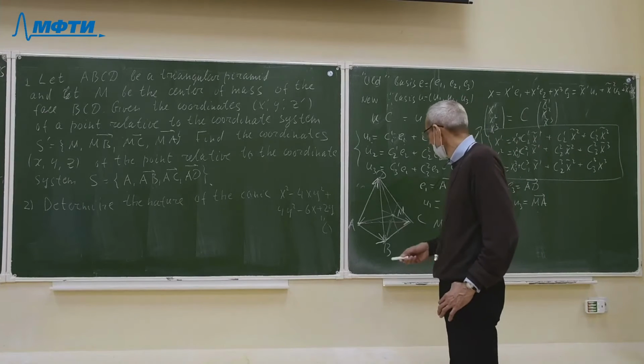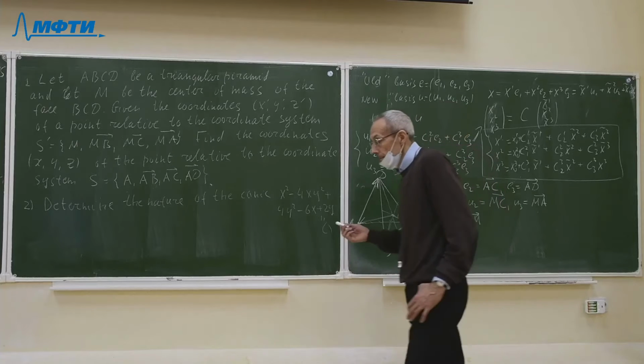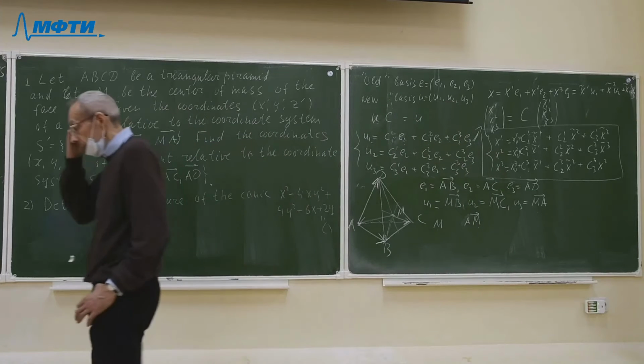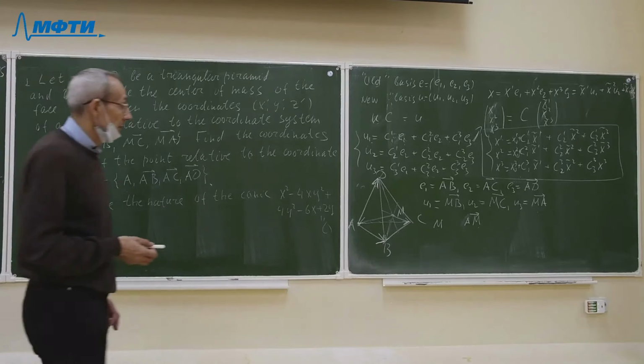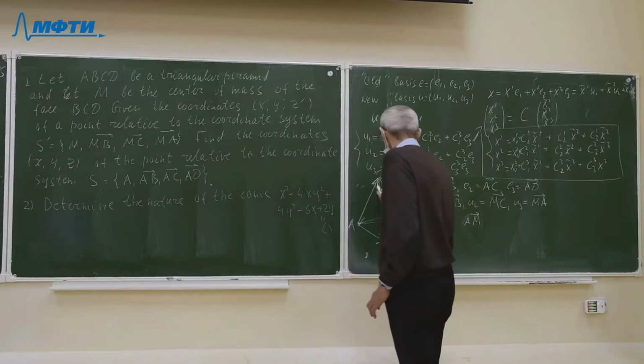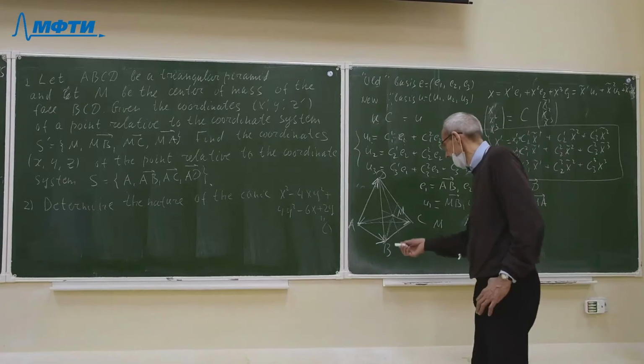M is the intersection point of the medians. I'm not sure, but it seems to me that we considered the formula which expresses the coordinates of the intersection point of the medians in terms of the coordinates of the vertices of the triangle.